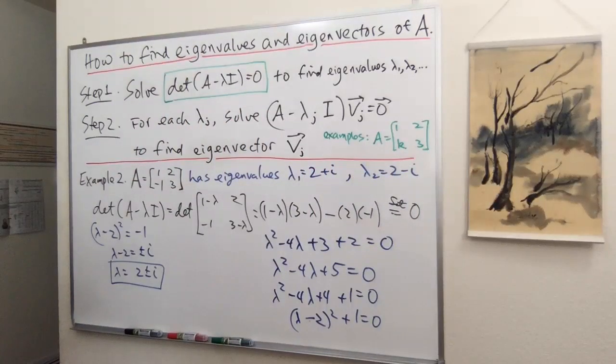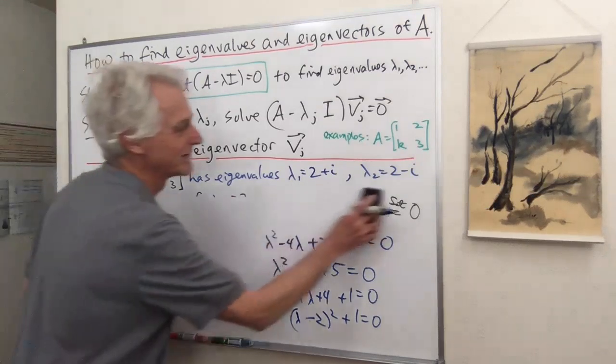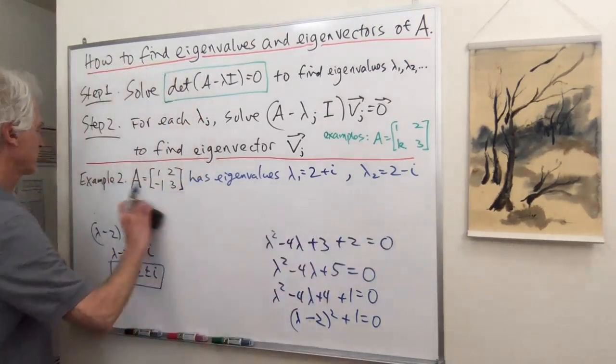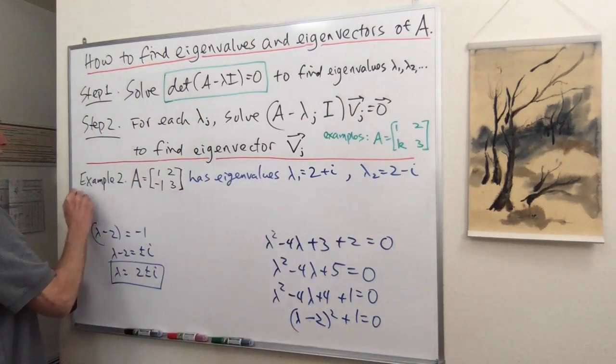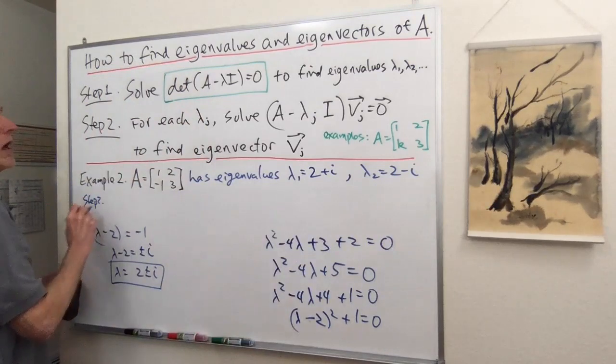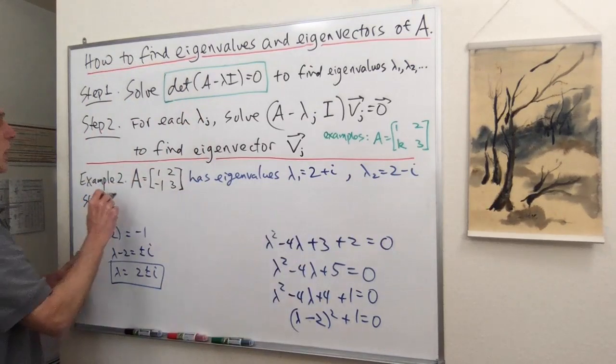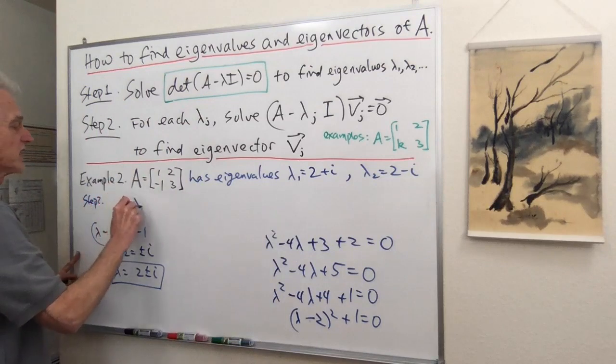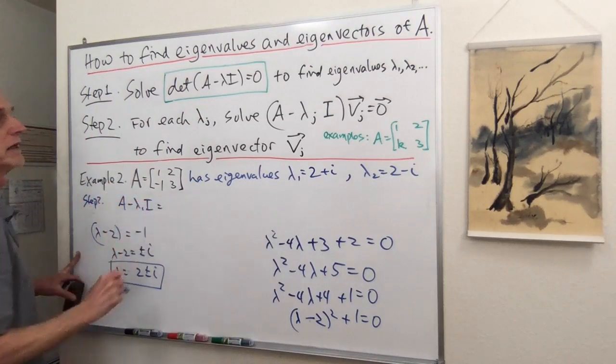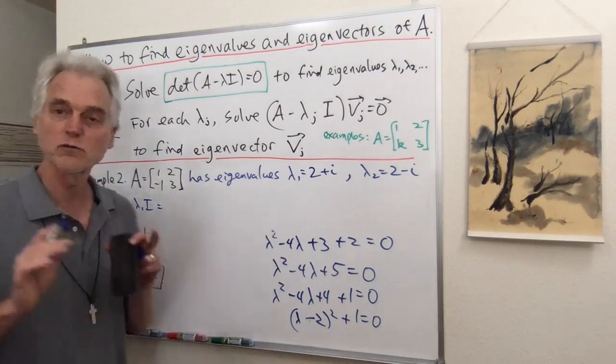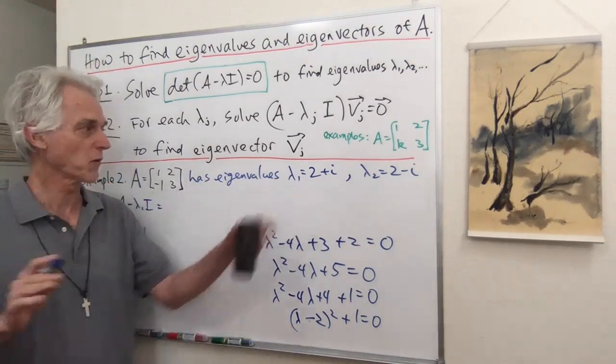All right. This is all good now, I hope. Okay, so that's step 1. Step 2. All right, so what is A minus lambda 1 I? We're going to find the eigenvector for lambda 1.